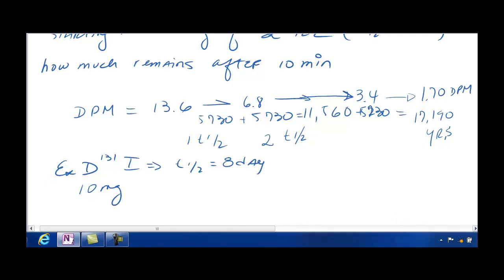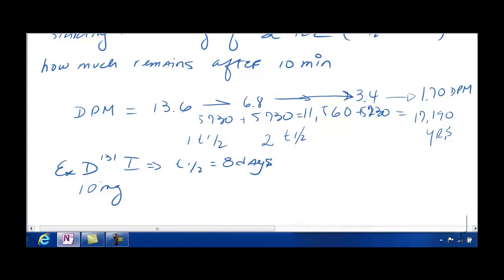So knowing that the half-life of iodine-131 is 8 days, and I'm giving this patient 10 milligrams because this patient has thyroid problems and I need to measure thyroid data, I want to know after 24 days, how much of this radioactive iodine-131 is left with the patient?